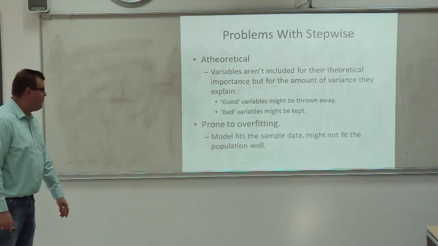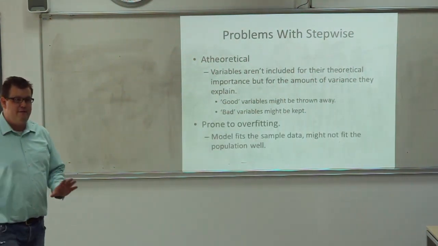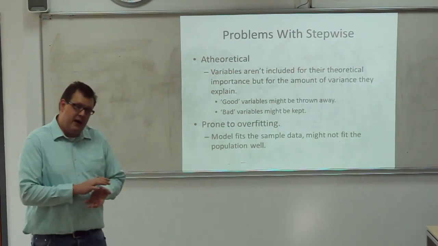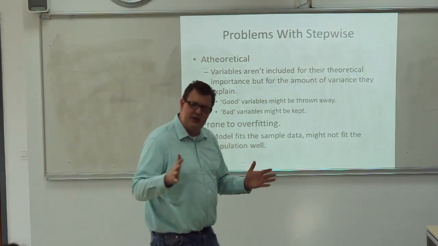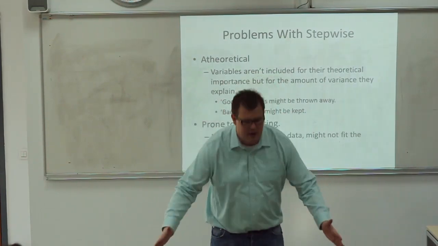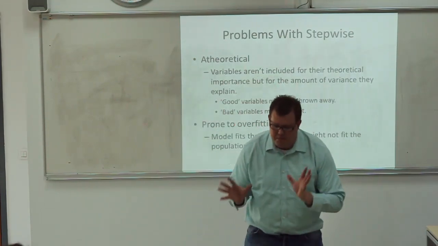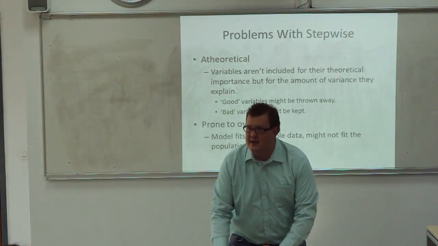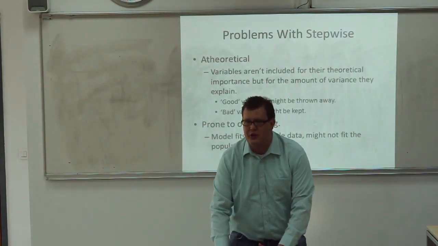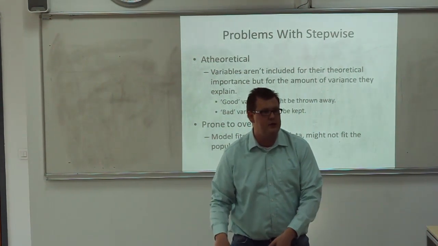It's also prone to overfitting. The model can fit the sample data, but it might not fit the population. Think sort of like restriction of range. You had a restriction of range, and you based your model on that, and the model didn't necessarily capture all the complexities in the population.